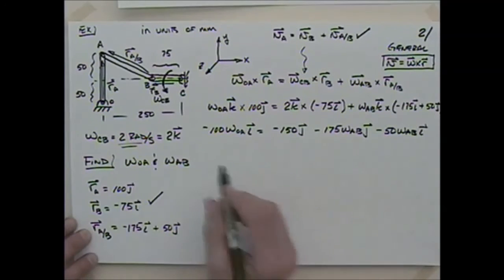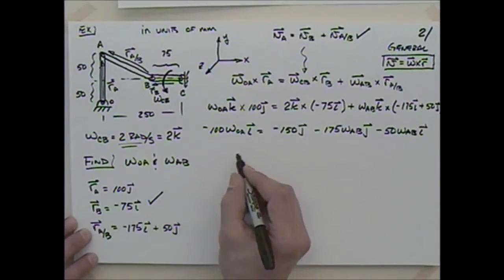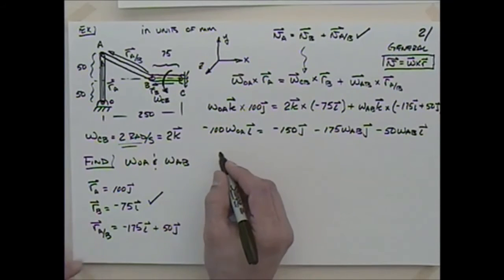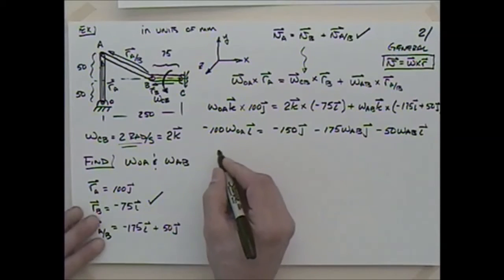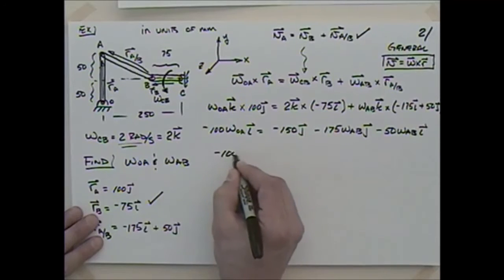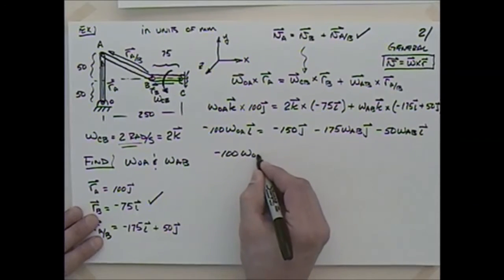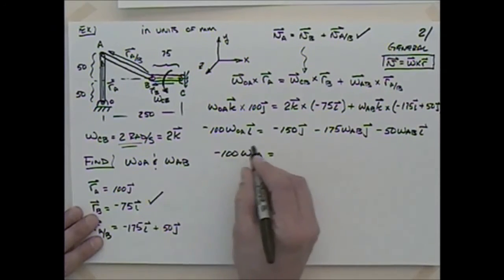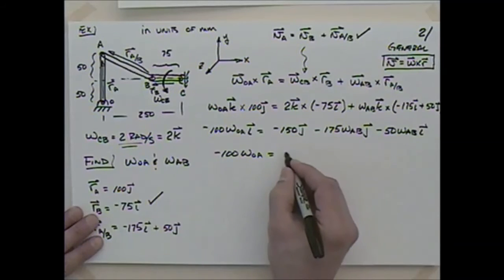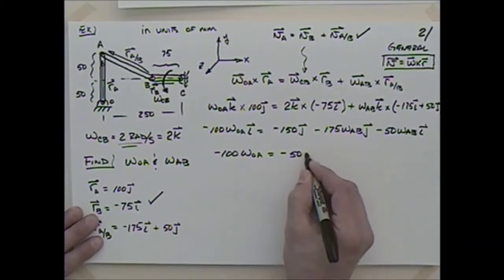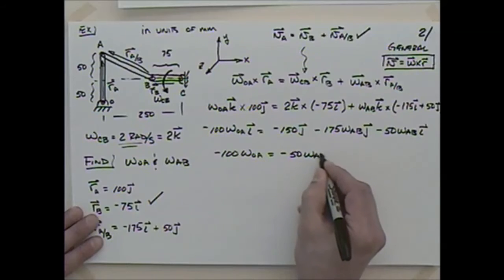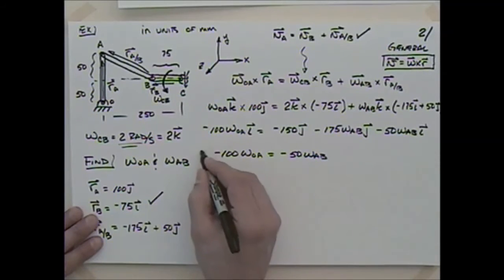Well, if I look at the I's and the J's and the K's, I don't have K's to worry about yet. I'll say that I have minus 100 omega OA is equal to minus 50 omega AB. That's one equation.